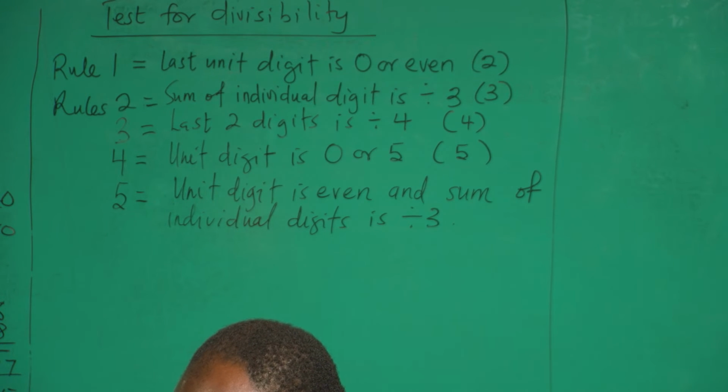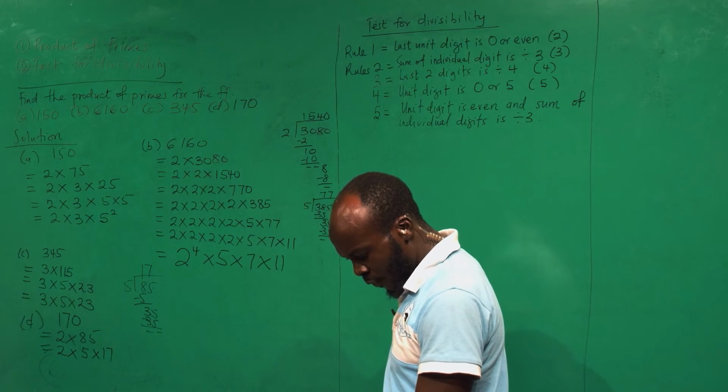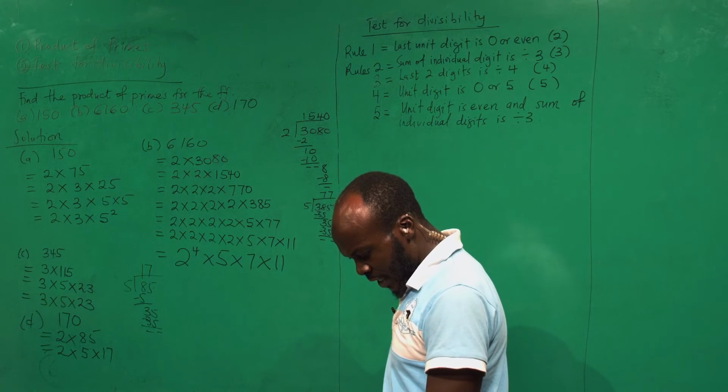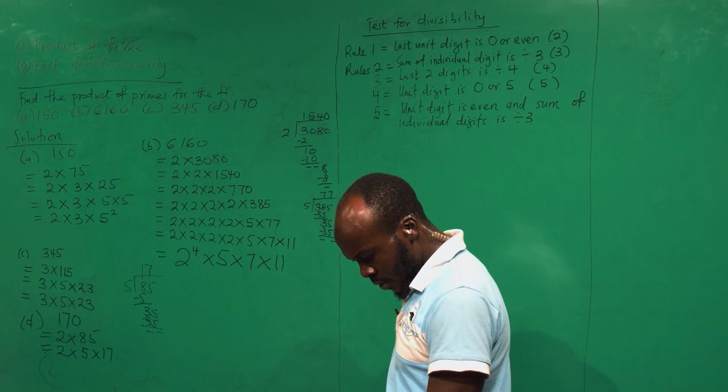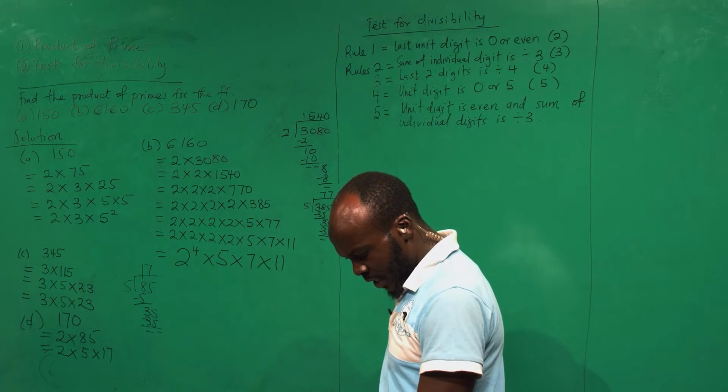So you can see that for 6, there are 2 rules it should follow. The unit digit should be even, and the sum of the digits should also be divisible by 3.